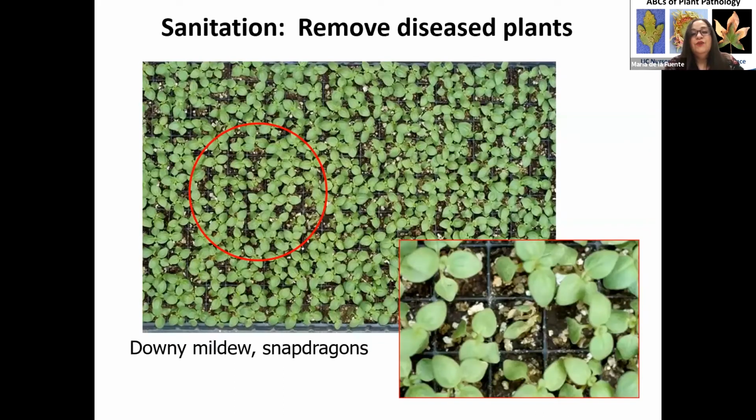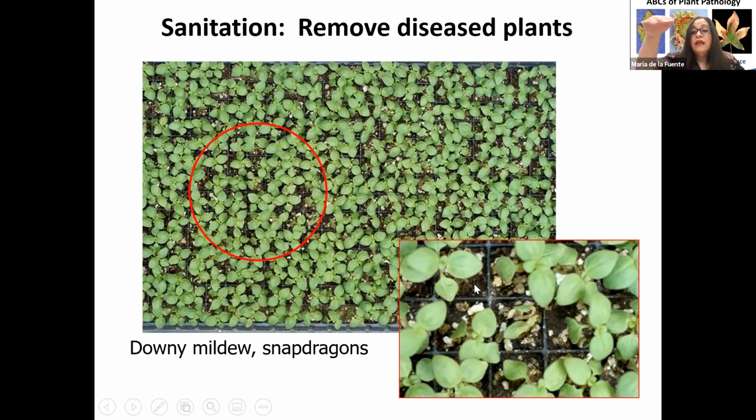As I was telling you, this is a seedling tray, and you usually go and pay attention, but do not really pay attention, because in this circle, although I should have put the circle a little bit bigger, I can see this area where, I cannot see it, obviously, without glasses, but look, this plant is already dying.